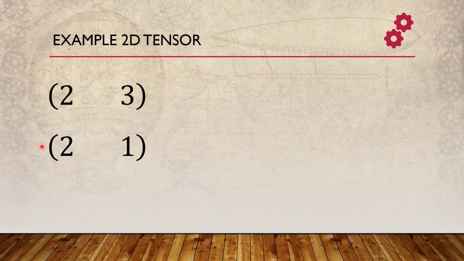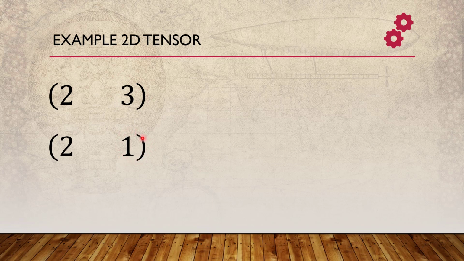If you see just these two tensors which we already saw initially, let's try to see whether they are compatible or not. First of all, for the 0th dimension we have two elements here and two elements here as well, that means they are the same. For dimension 1, for this tensor we have 3 elements, but for this tensor we have 1 element.